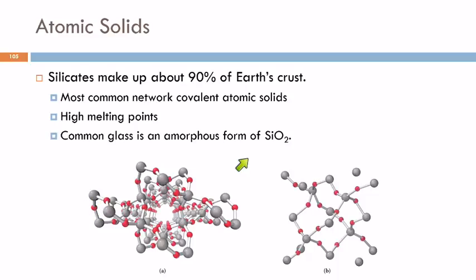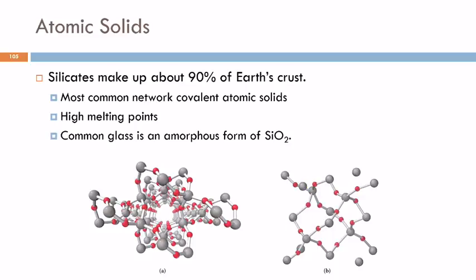And again, we might think, well, that must be a molecular solid, right? It's silicon and oxygen. But it's not discrete molecules. Each of these oxygens is bonded to a silicon, to two silicons actually. And it's covalent bonds all the way throughout.